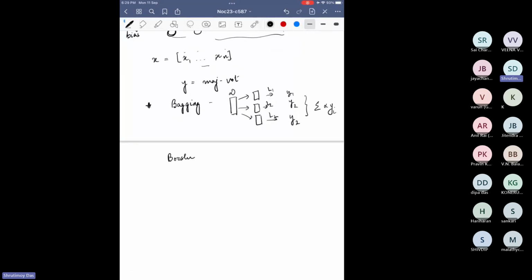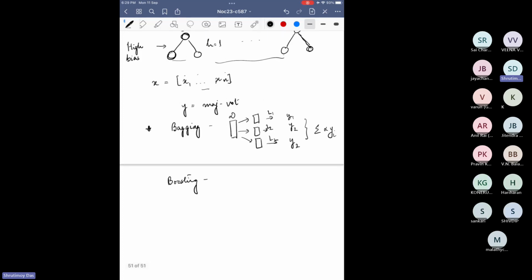Boosting is also like, whichever examples are easy to learn, we lower the probability of those examples. Whichever examples are very hard to learn, we increase the probability. So that is another way of creating different sorts of data sets to learn the model.